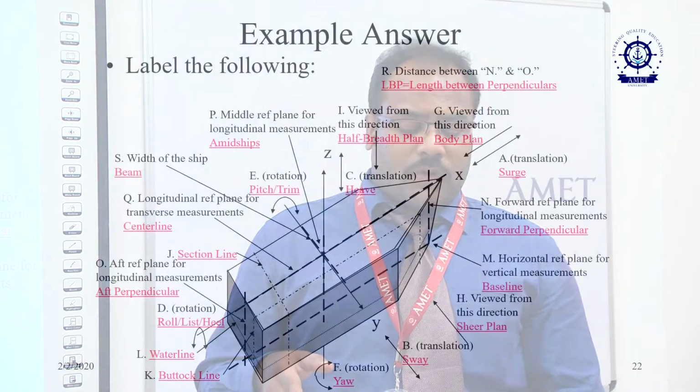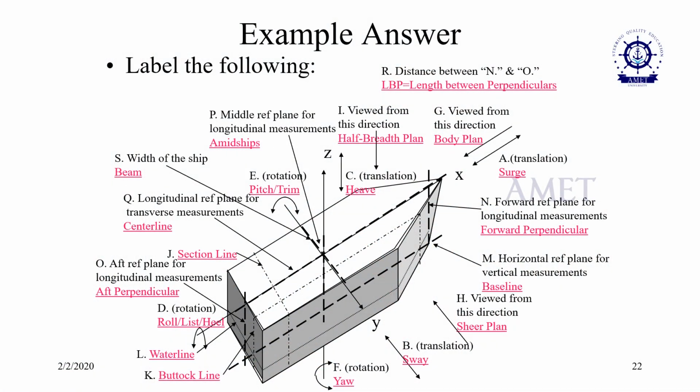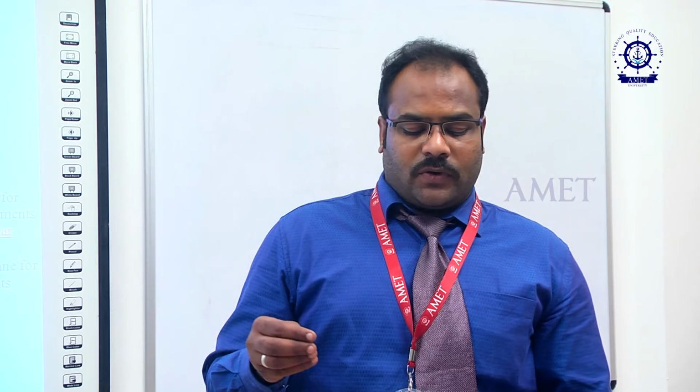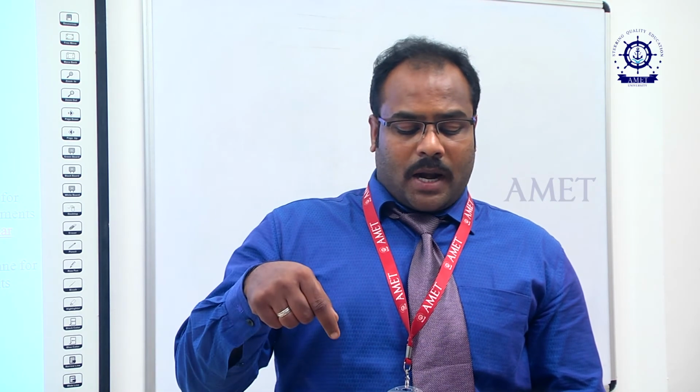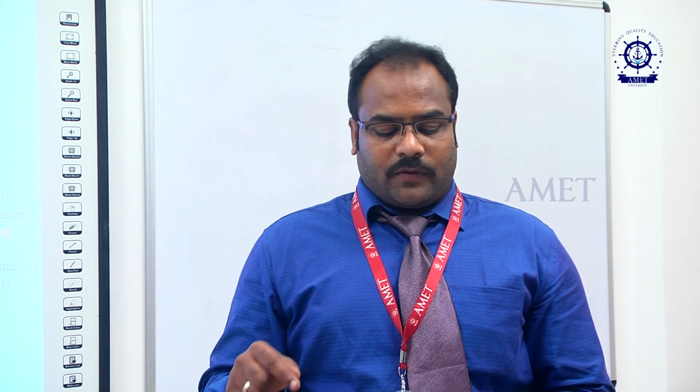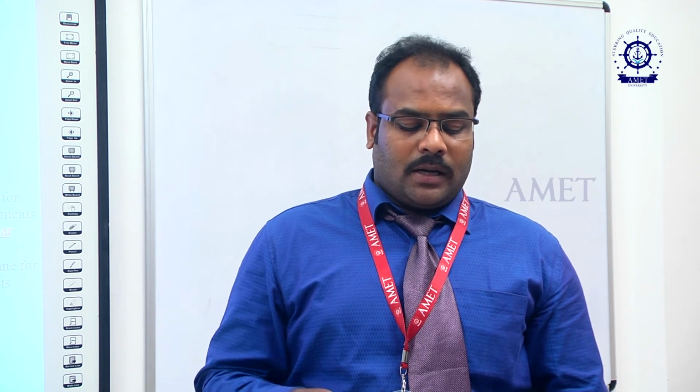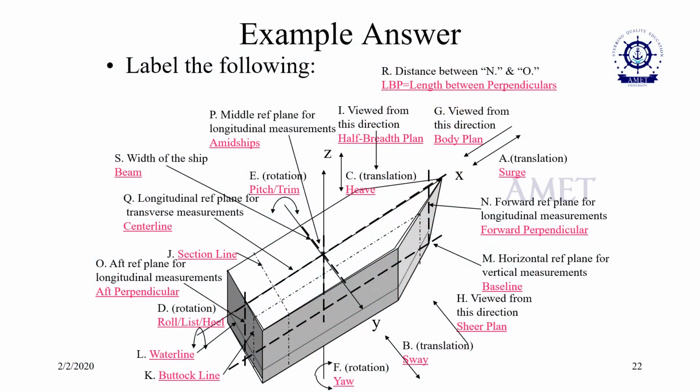After that you go for the distance between N and O, that will be your length between perpendiculars. Then G is viewed from the distance, that is your body plan, and I is viewed from the distance, that is your half breadth plan. Then your middle reference plane for longitudinal measurements is your midship, the center line of the ship.